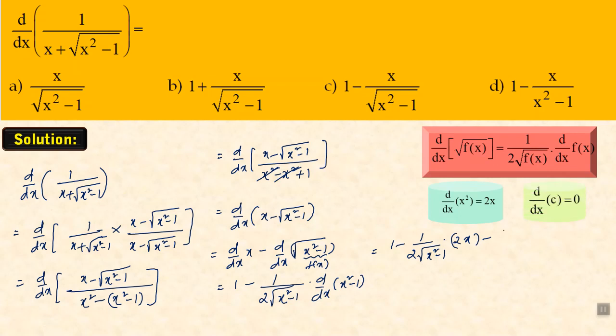D by dx of constant is 0. This equals to 1 minus 2x divided by 2 into root of x square minus 1. This equals to 1 minus 2 to get cancelled, x by square root of x square minus 1. Therefore, the answer is option C.